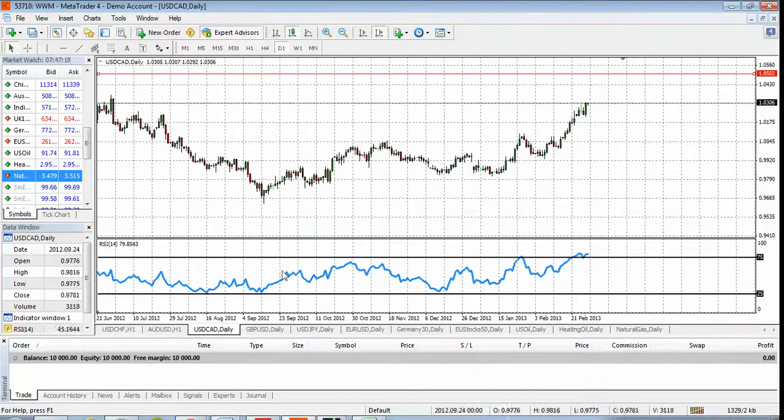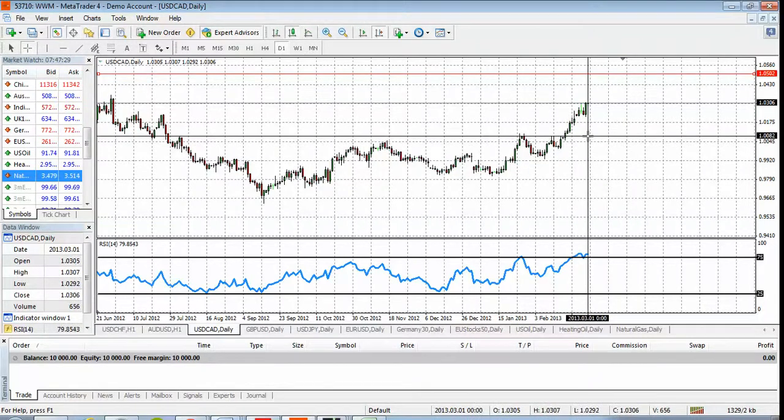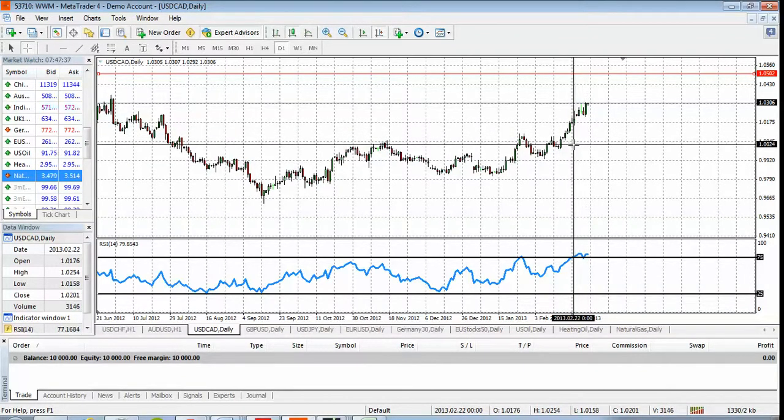The last pair that I want to take a look at, one of the most important in my opinion, is the US dollar Canadian dollar, which currently, if you look at the daily bars, is in a pretty strongly overbought range. A few days ago, back on the 24th, we had a break to the upside, a gap to the upside over the weekend, and a push up past this overbought level at around 75.